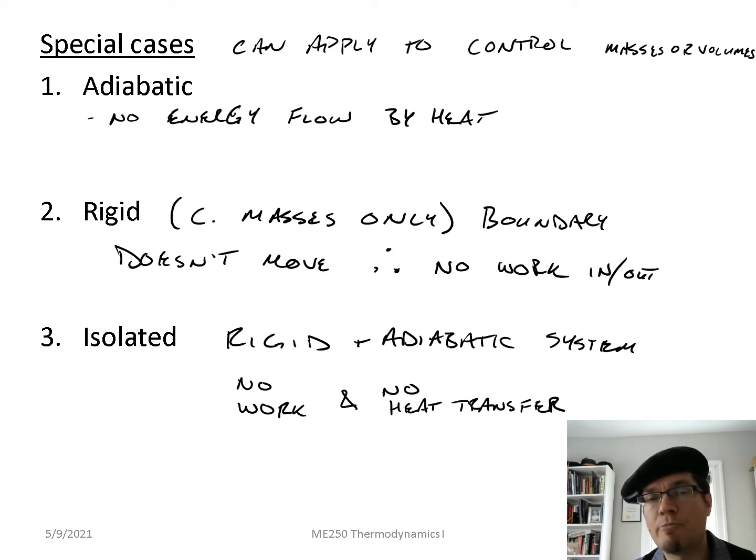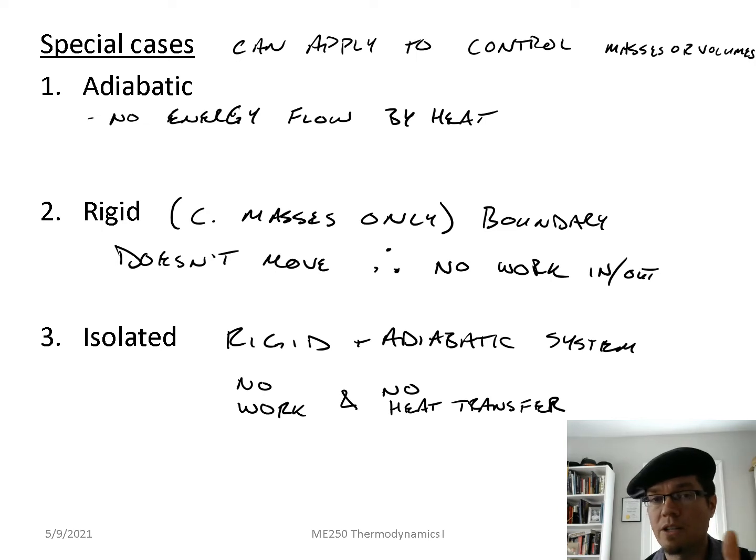You can remember that a system can be a system of systems. So you could have a really well insulated rigid box, but inside of it you could have a partition, and on one side you could have compressed air, and on the other side you could have a vacuum, or you could have liquid, or you could have less compressed air. And then you could imagine or model what happens when that boundary is removed.